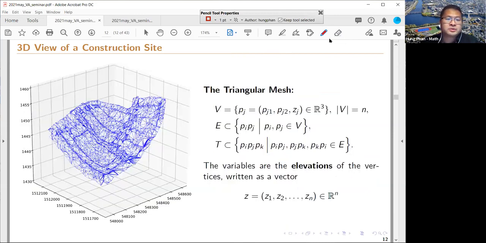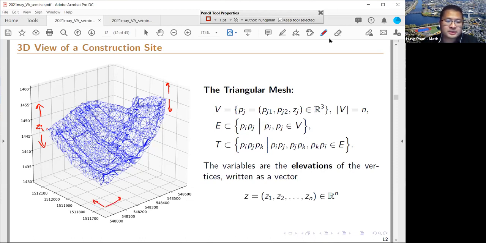And in the 3D view, you can see each of these points has a height. I'll call it Zi, and Zi can go up or down as much as we want. Only the XY coordinate is fixed.